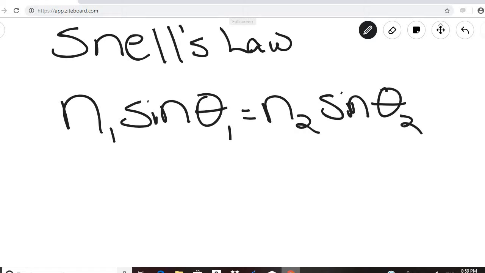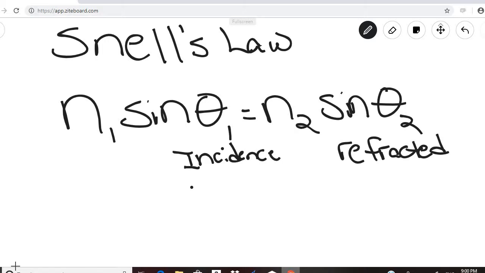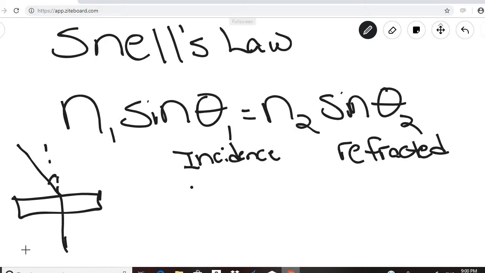Angle 1 would be the angle of incidence, and angle 2 would be the angle of the beam of light that is refracted.